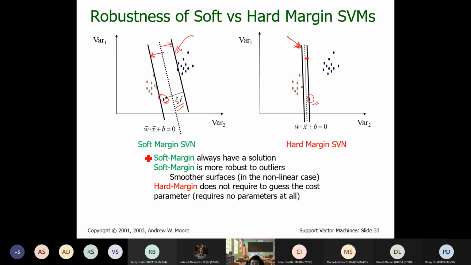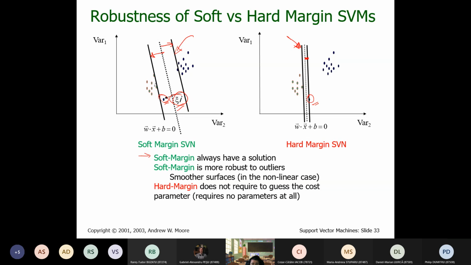More important, soft margin SVM always has a solution. The quadratic programming defined considering these slack variables will provide a solution. It is more robust to outliers and will generate smoother surfaces in the case of non-linear classification.